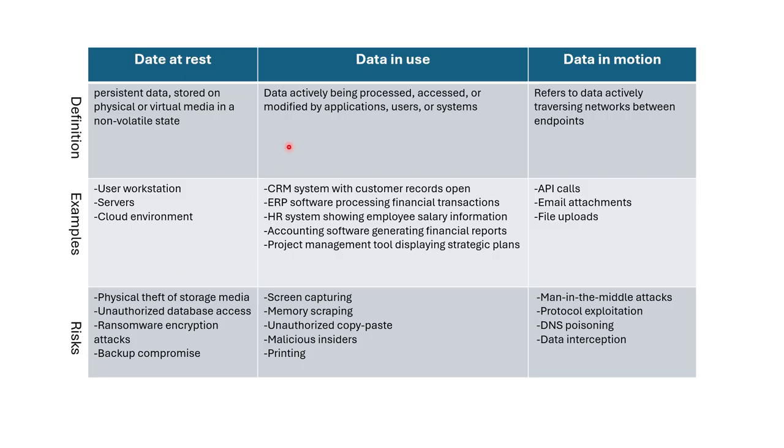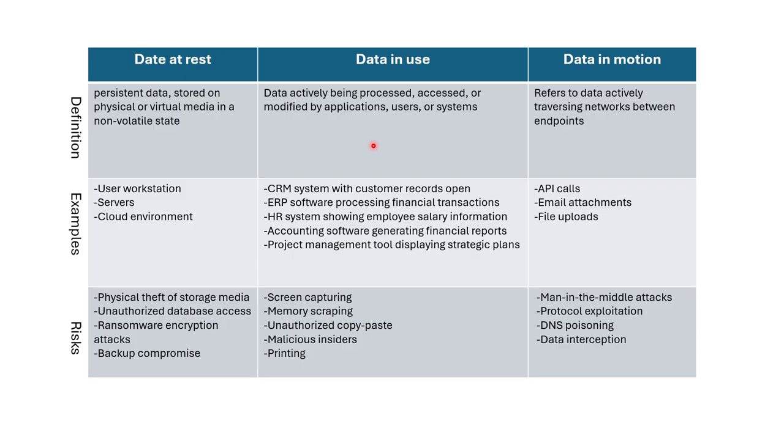Data in use refers to data actively being processed, accessed, or modified by applications, users, or systems. This is data loaded into memory, displayed on screens, or undergoing computational operations.